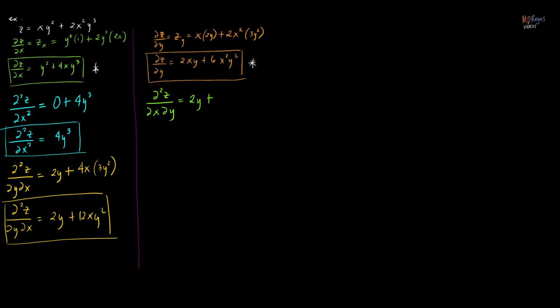Plus, in the second term 6x squared y squared, we'll take 6y squared as a constant, and the derivative of x squared with respect to x is 2x. So the second partial derivative of z with respect to x, first partial with respect to y, is equal to 2y plus 12xy squared.